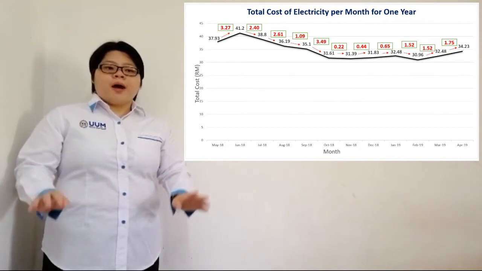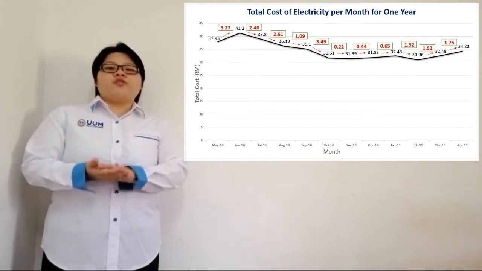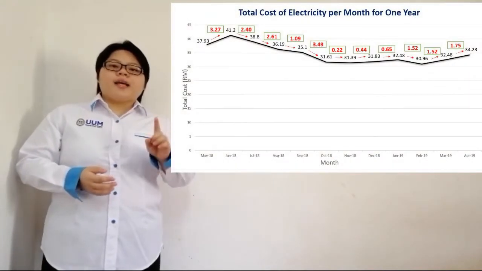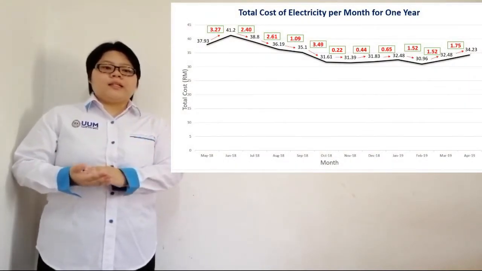In the following months, the cost of electricity started to decrease from June of 2018 until November of 2018, from 41 ringgit and 20 cents to 31 ringgit and 29 cents. These 5 months dropped 9 ringgit and 81 cents continuously.